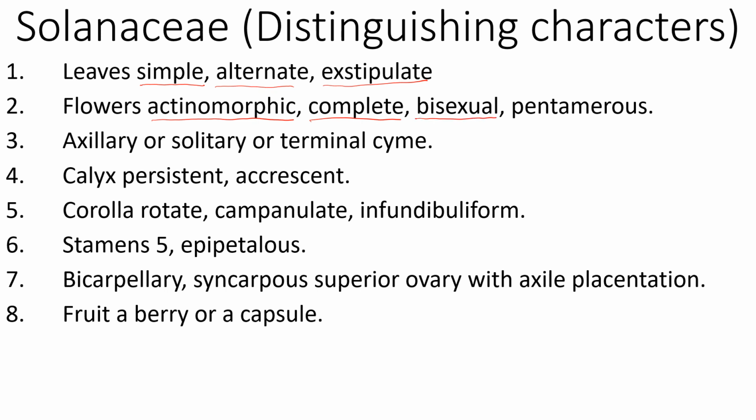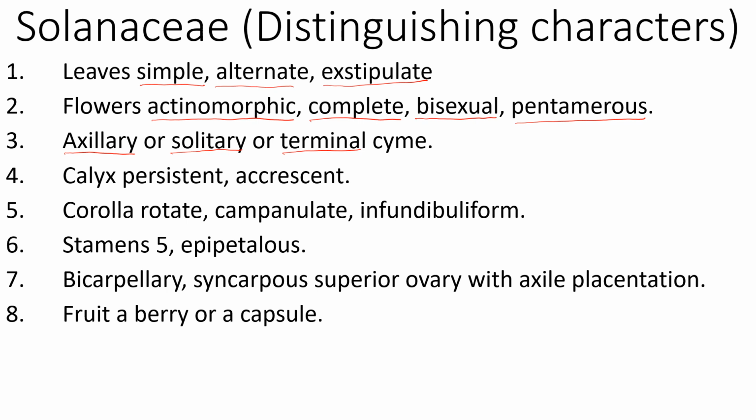Bisexual means both androecium and gynoecium are present, and it has pentamerous symmetry. Inflorescence is either axillary or solitary, means with single flower, or it may be terminal, means the flower is present at the terminal position of respective branch.